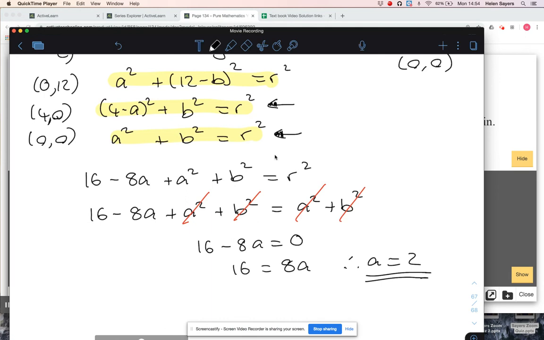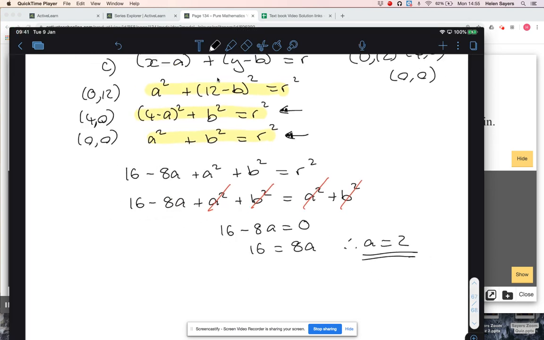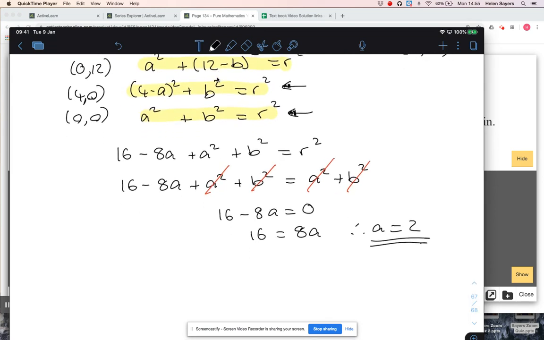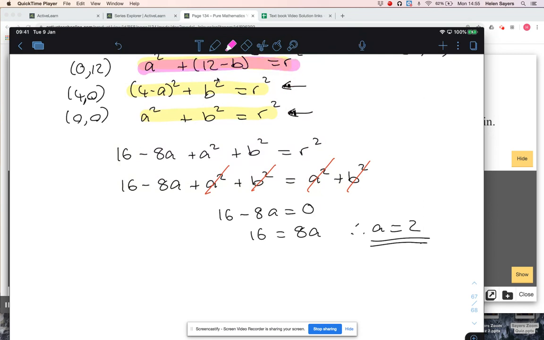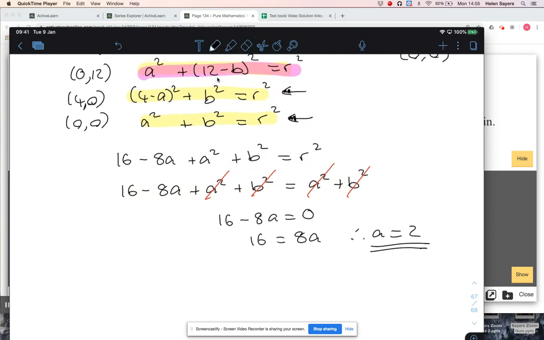Okay, so I wonder if we could do a similar thing with the top one. Let's make it a little bit smaller so I can get everything on one page. I'm now looking at this equation because I haven't used this one yet. So if I multiply out those brackets, that's going to become a squared plus 12 squared minus 2 lots of 12b plus b squared.